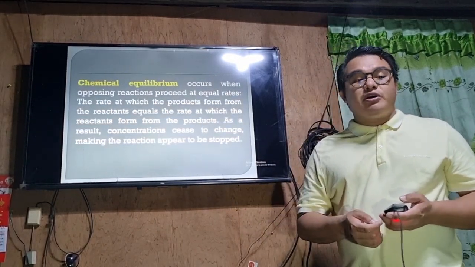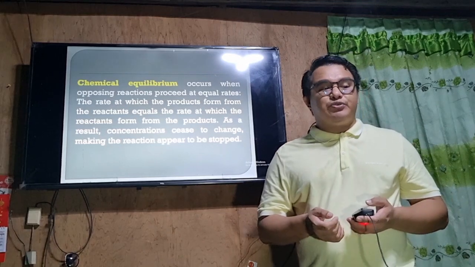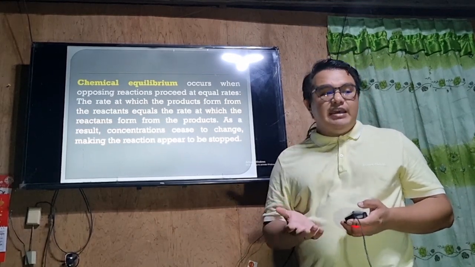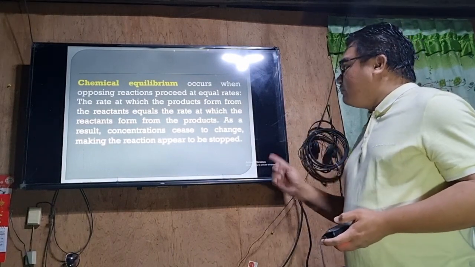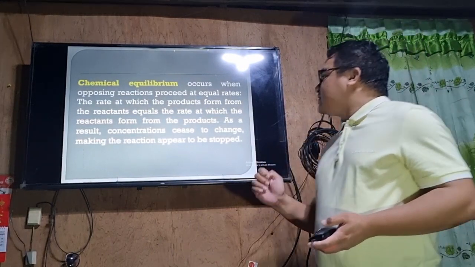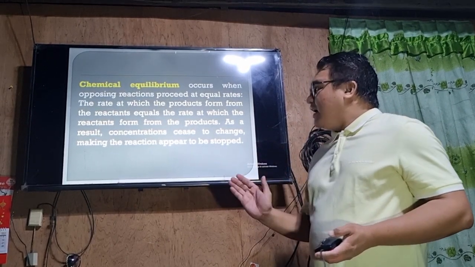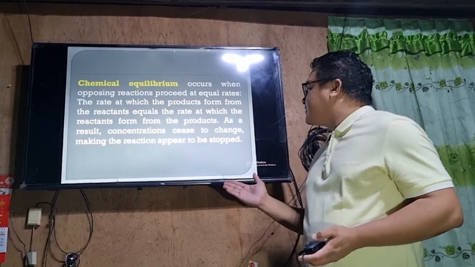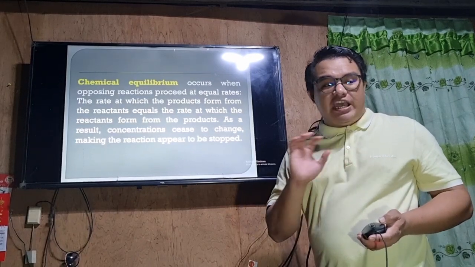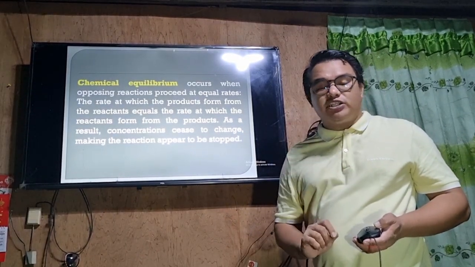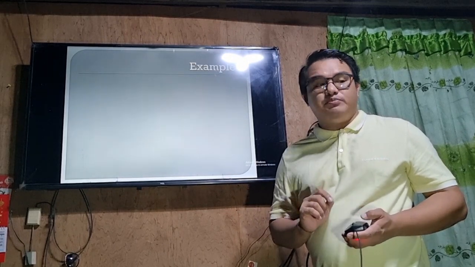Chemical equilibrium occurs when opposing reactions proceed at equal rates, that is, the rate at which the products form from the reactants equals the rate at which the reactants form from the products. As a result, concentrations cease to change, making the reaction appear to have stopped.